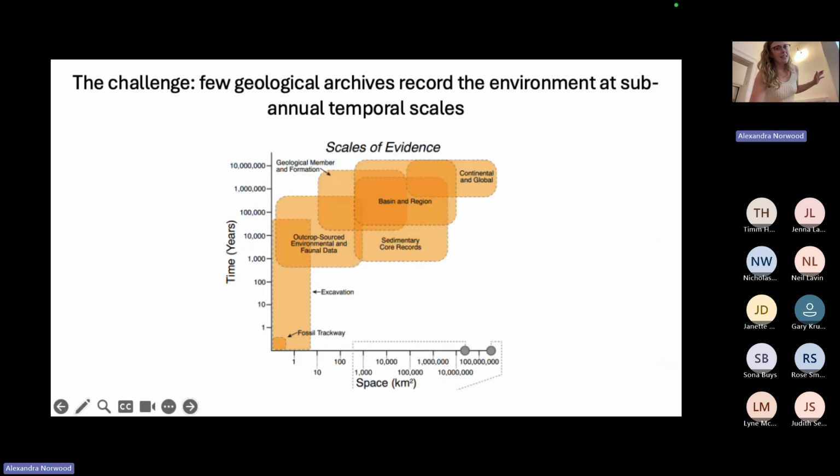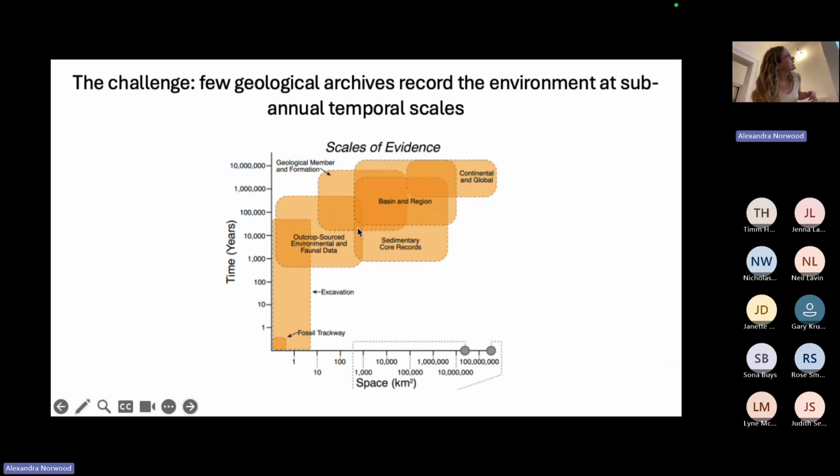The problem accessing seasonal cycles is, as I was mentioning with pollen cores, a lot of the proxies that are available to us in the fossil record are averaging huge amounts of time. So pollen records are averaging across a large amount of time, other sedimentary core records as well. Can you see the cursor?